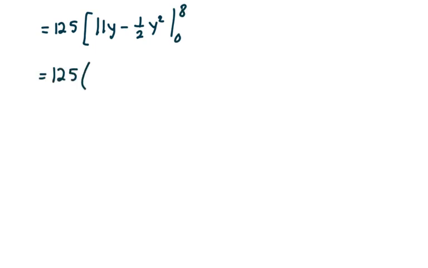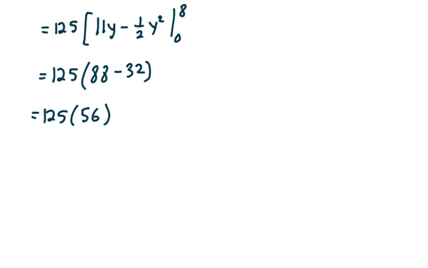So this is 125 times 11y minus 1/2 y squared, evaluated from 0 up to 8. So this is 125 times 88 minus, what is that, 32? And so this is 125 times 56.